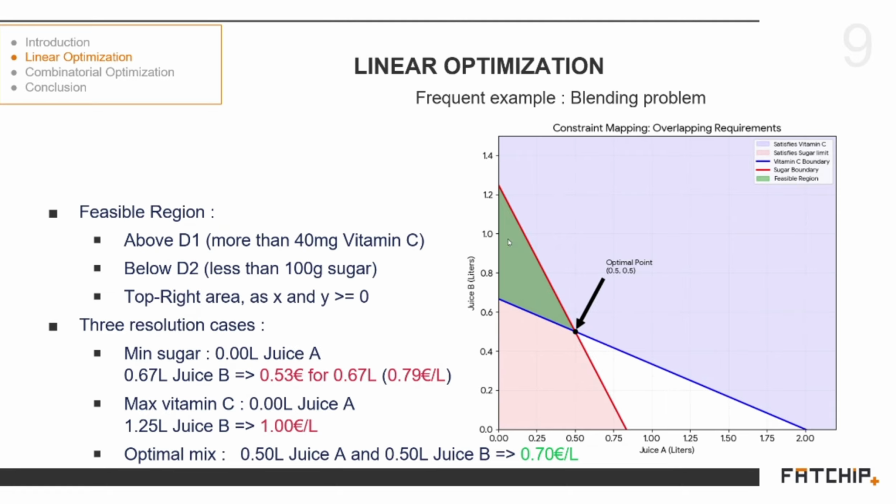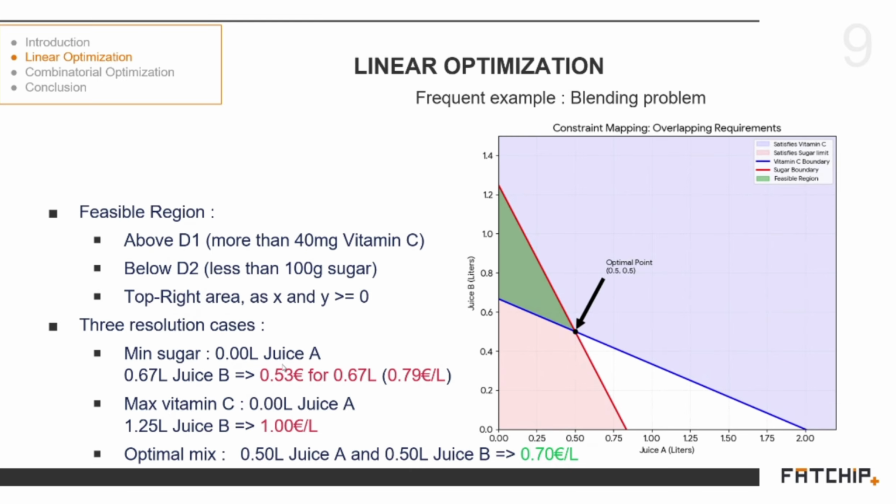As I said before, the optimal solutions are usually on the corners of this polygon. So in that case, since we see a triangle, there would be 3 of them: the beginning of the blue line, the beginning of the red line, and where the 2 lines are crossing.